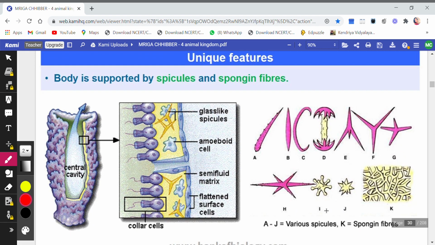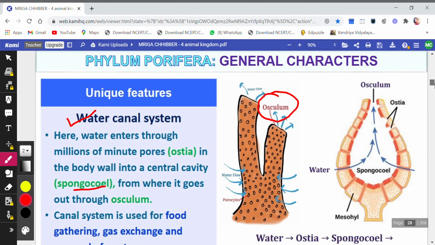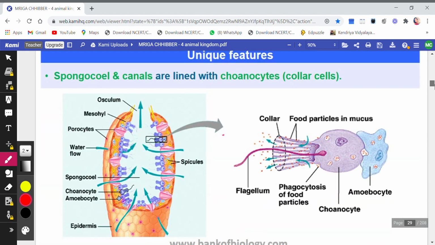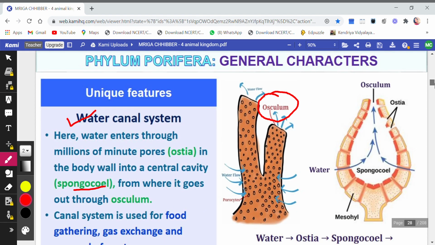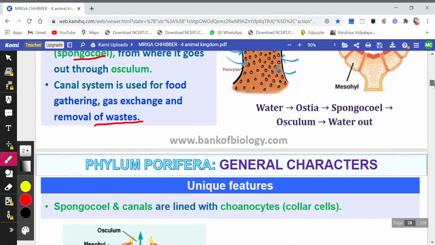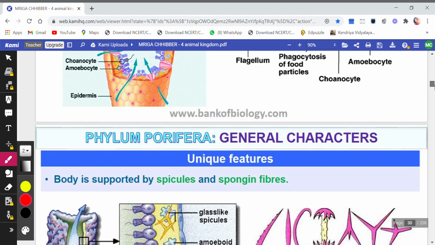These spicules and spongin fibers behave as a skeleton for this organism, so that it can get a particular shape and structure and can stand on its own.